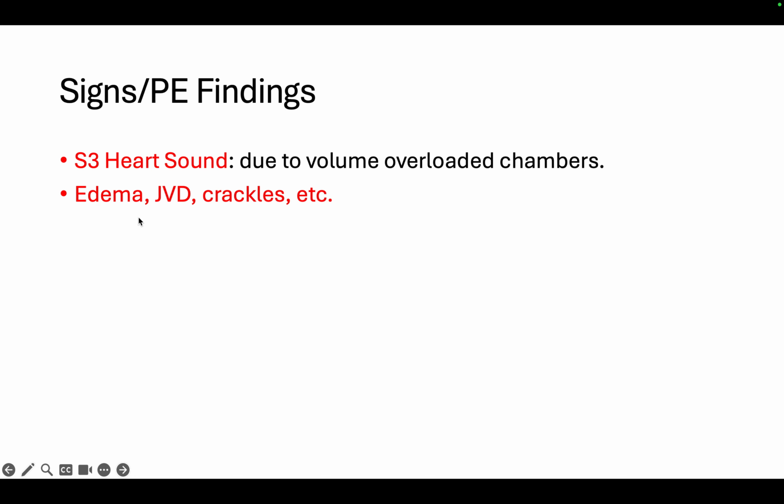Your signs and PE findings, your physical exam findings, you will often see a third heart sound, and usually this third heart sound is seen in heart failure, and it's due to a volume overload of the chamber. So if you have all this blood backing up, it collects into that atria, and then boom, all at once the valves open, and you've got this overloaded amount of blood going into the ventricles, and it kind of makes a third heart sound, and that is what this is.